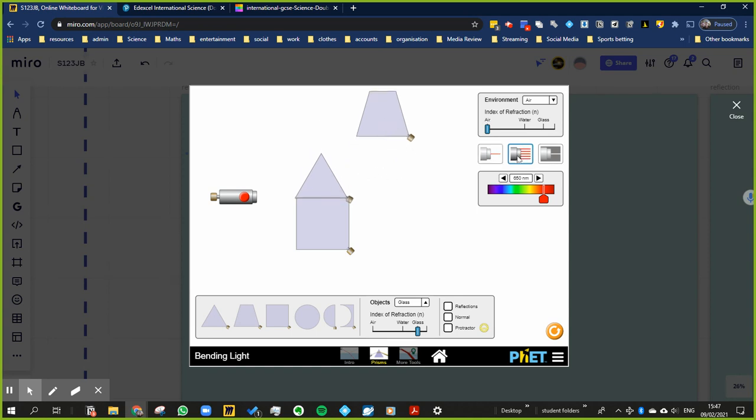I don't know if this is going to work, but we'll just try it out. Okay, we could do with them being a bit further apart really. So let's just do one of them. We'll have one ray going down in the middle, it goes straight through, and then one at the outside. Notice how it bends towards normal, and then it looks like it's going towards normal again? Oh yes, because this time it's going from a more dense to a less dense medium.